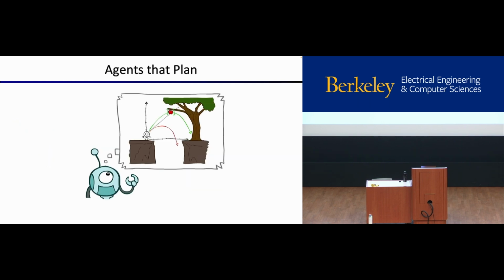So here we have an agent thinking about how to accomplish some task of shooting an apple down from a tree. And this scheme is kind of showing, one thing you might try to do is send your projectile straight at the apple, or you might try to account for what's going to happen to it later. So agents that plan have to think about not just the very next action, but what's going to happen thereafter.